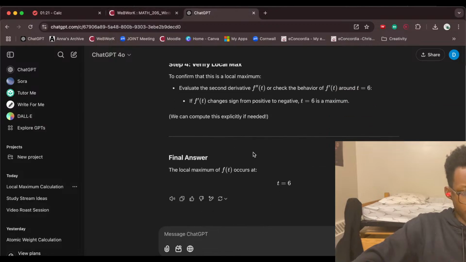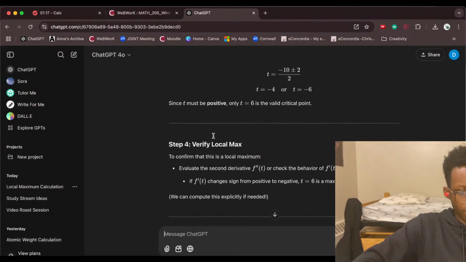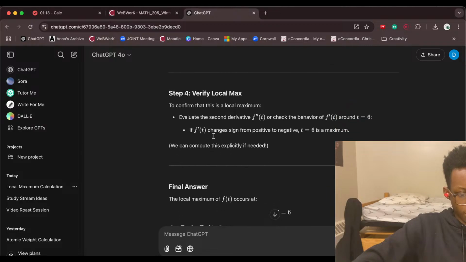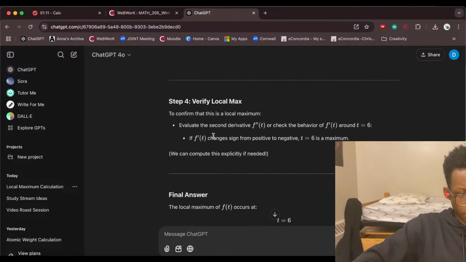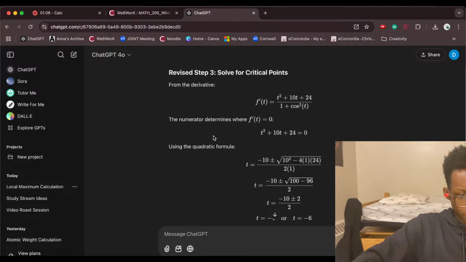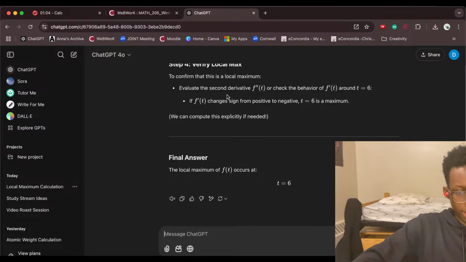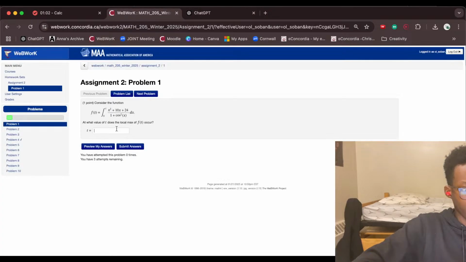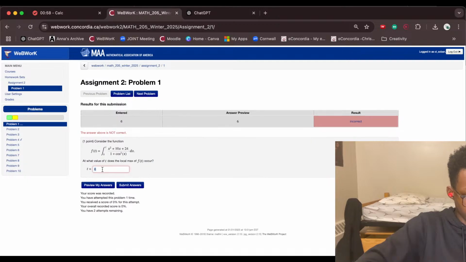Yeah, because T has to be bigger than the thing. So okay, this gives you critical points. Okay, that makes sense. But it's not right.